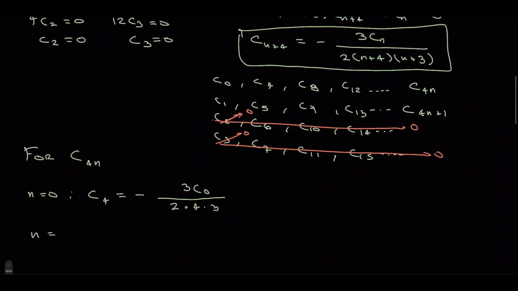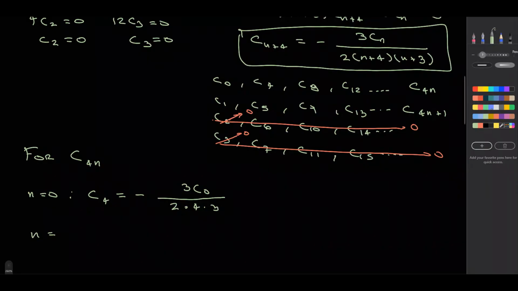It would help if you tally this with a different color. So we've got c sub 0, c sub 4, and then the next one will be c sub 8.